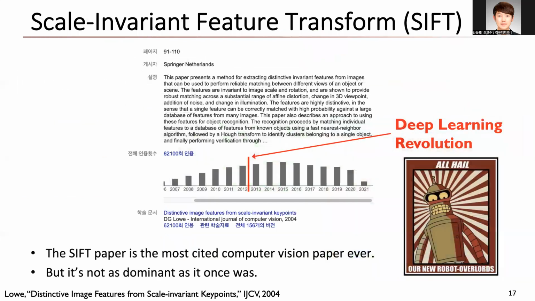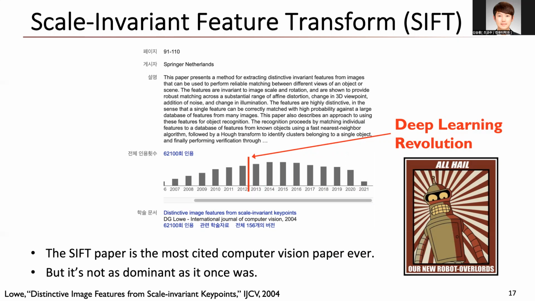As you may know, SIFT, this scale invariant feature transform, was the most cited computer vision paper ever before the deep learning revolution. After the deep learning revolution, AlexNet, VGGNet and others overcame the number of citations of the SIFT paper. But before that, the SIFT paper was the most cited computer vision paper ever.